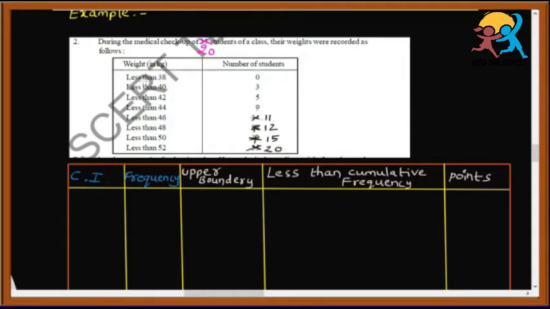This data, less than 38, less than 40, less than 42, is called the upper boundary. And observe the number of students: it is increasing, up to below 38, below 40, below 42, below 44. Just observe this. This is called the less than cumulative frequency.